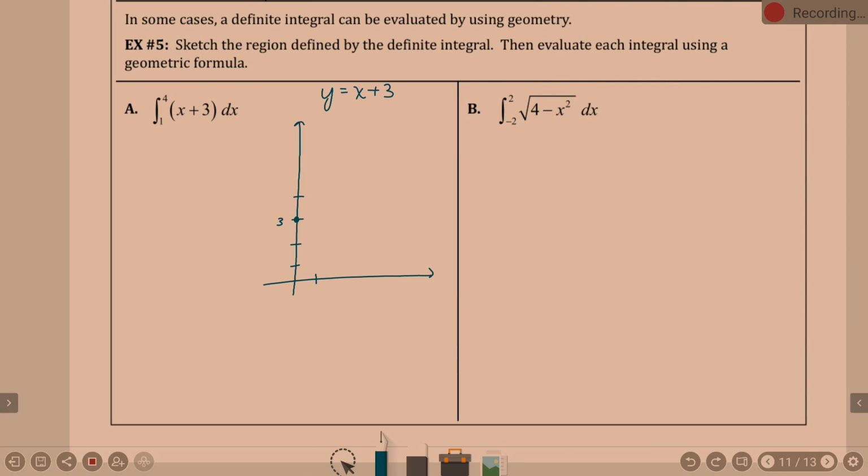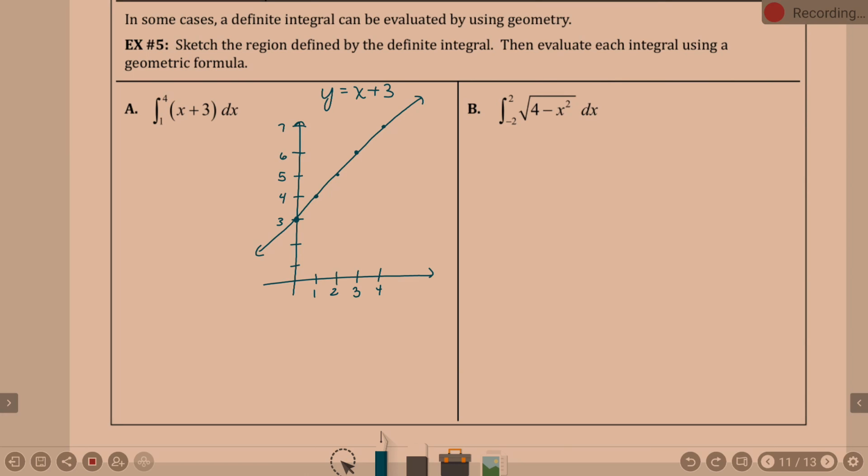So you're going to rise 1, run 1. Okay, there's my line, y equals x plus 3.